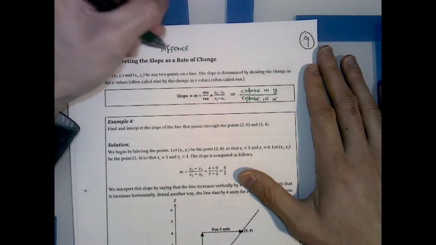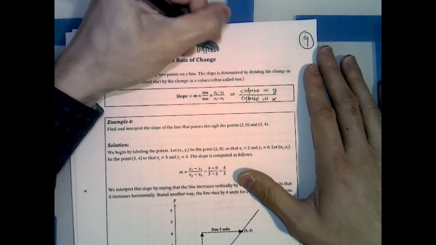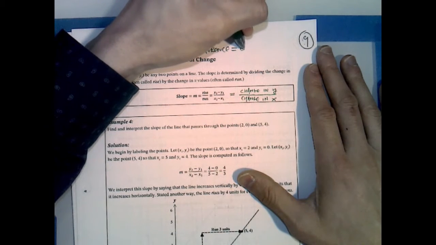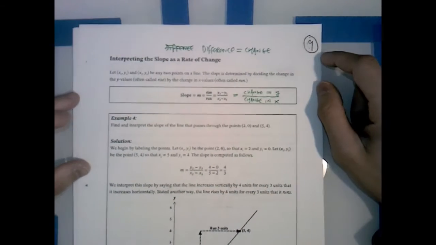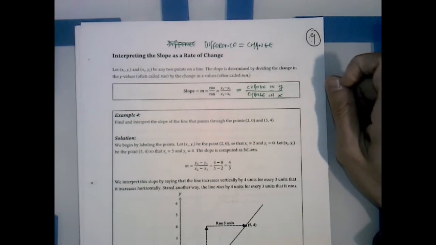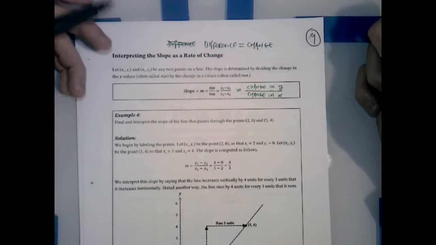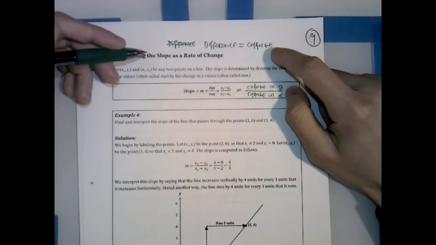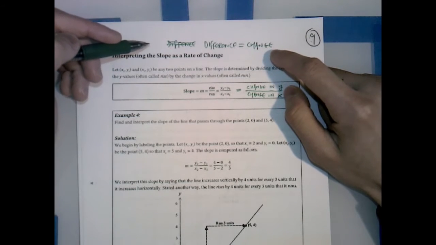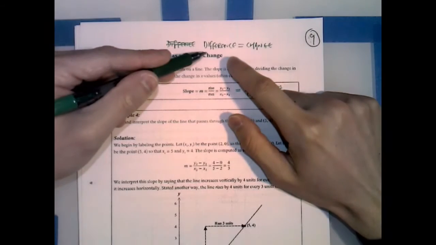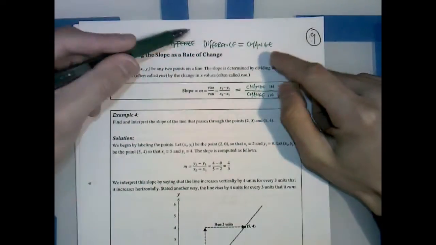You might have heard "make a change" or "make a difference." If you're going to a grocery store and paying with cash and expecting some change, the cashier has to give you the difference of how much you gave them. These really mean the same thing.